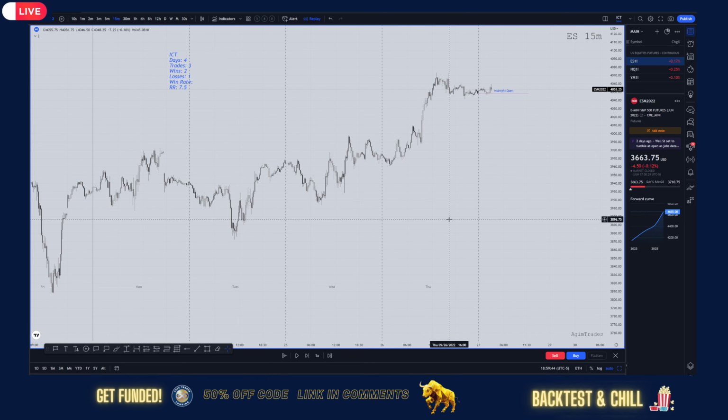Let's look at, especially, if you look at the daily candle, you have the power of 3. You're going to have an open, and then you're going to have a move down, move up, and then a close, usually like that.